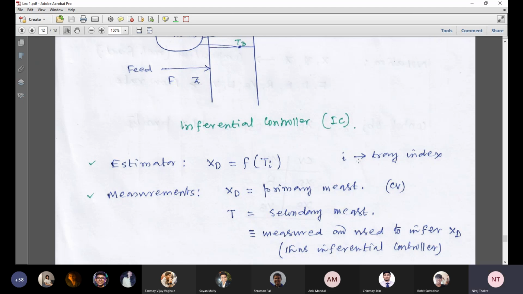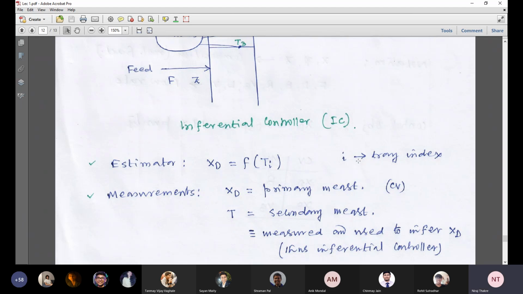In this example, distillation composition XD is called primary measurement and temperature is called secondary measurement.